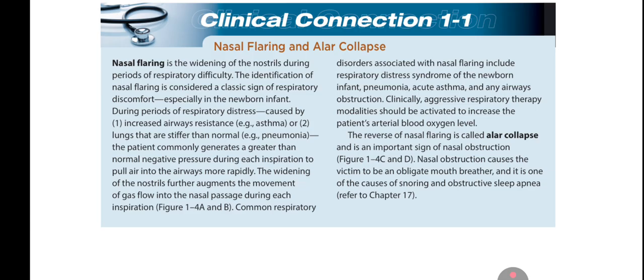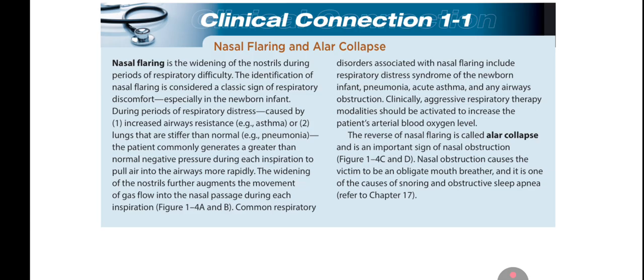Up until the alveoli, secretions can be present, and that signifies an increased airway resistance. If we flare up the nose, our body's trying to compensate to bring in more ventilation and counter the effect of the resistance. But that's not enough.